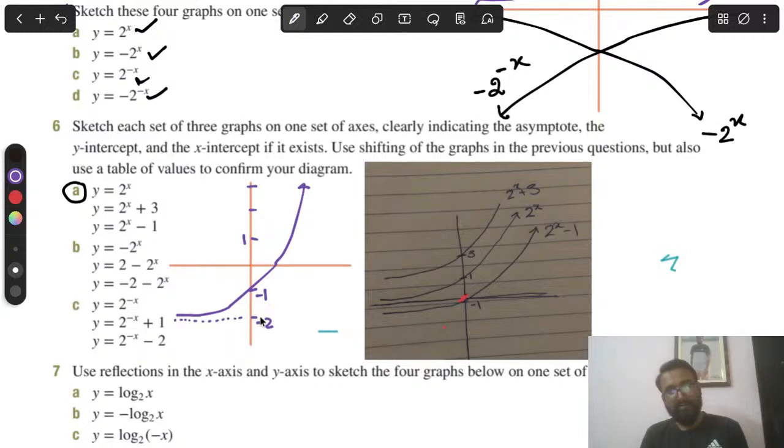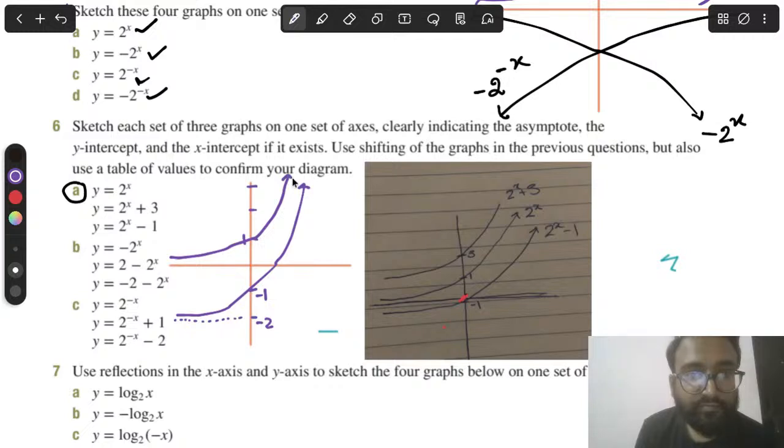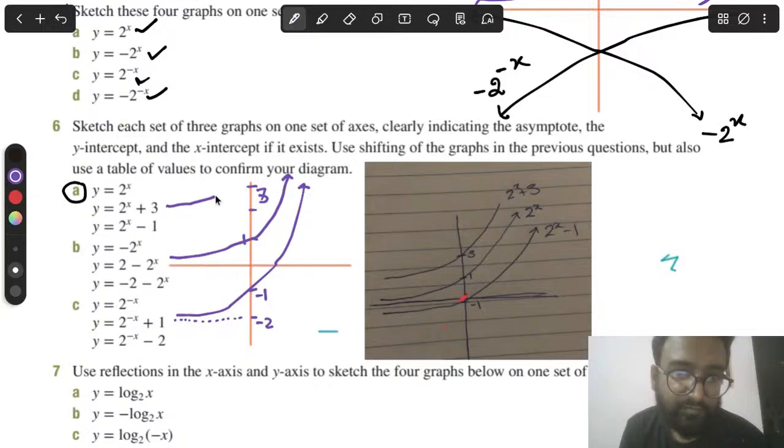Am I right? And for 2 power x, this is your graph. For 3 power x, this is your graph. Is it clear? And it should not cross 2.